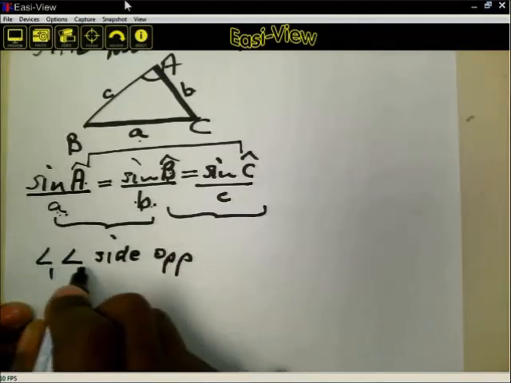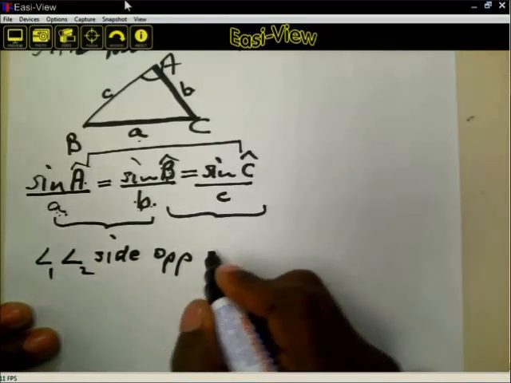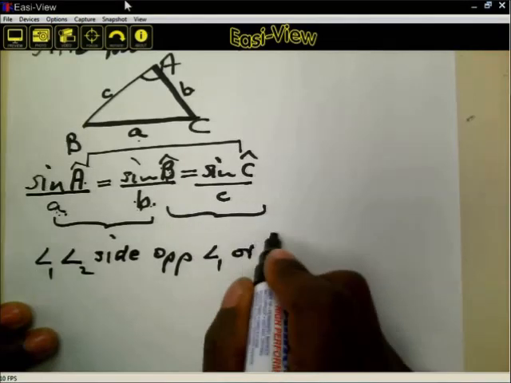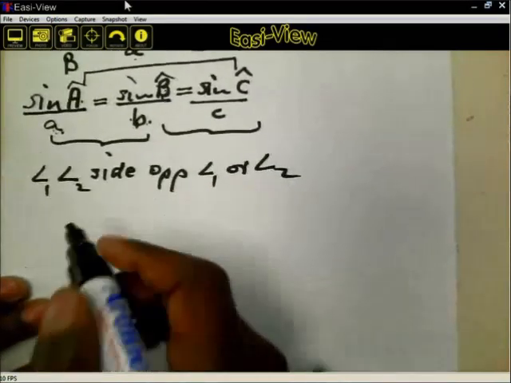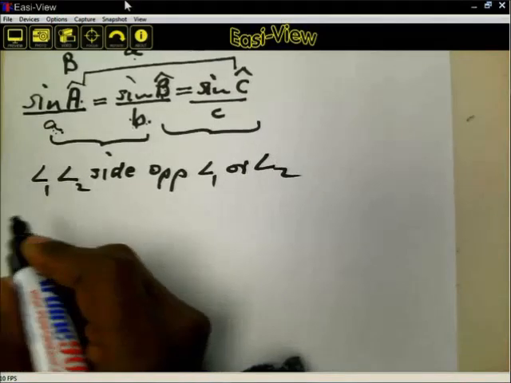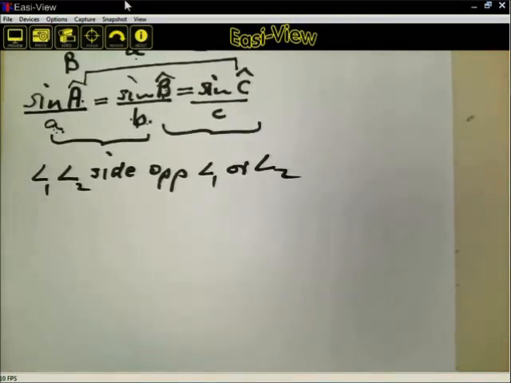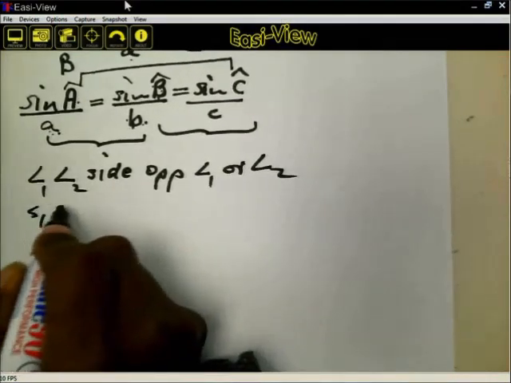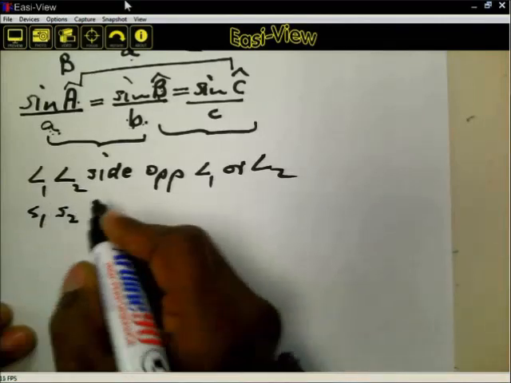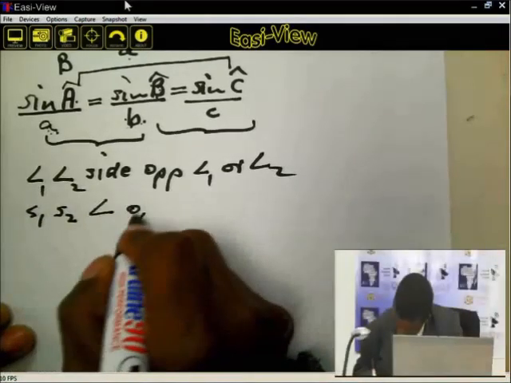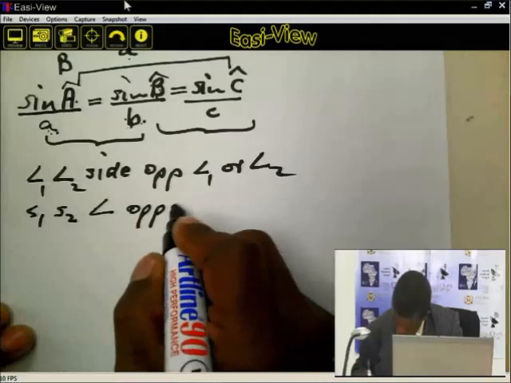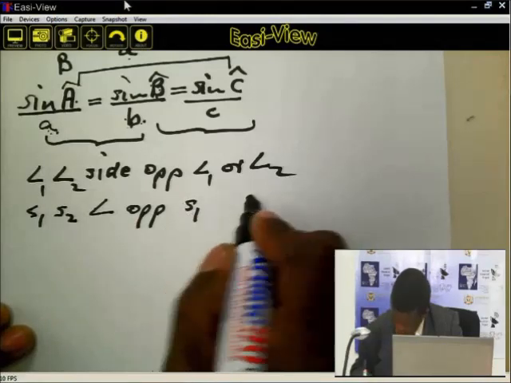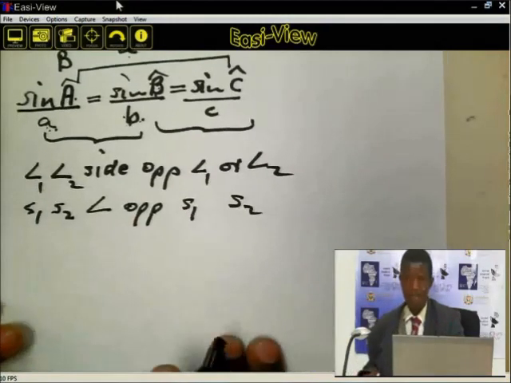Let's call this angle 1, angle 2, either angle 1 or angle 2. Similarly, if it is 2 sides, we have either side 1 or side 2, and an angle must be opposite either side 1 or side 2.